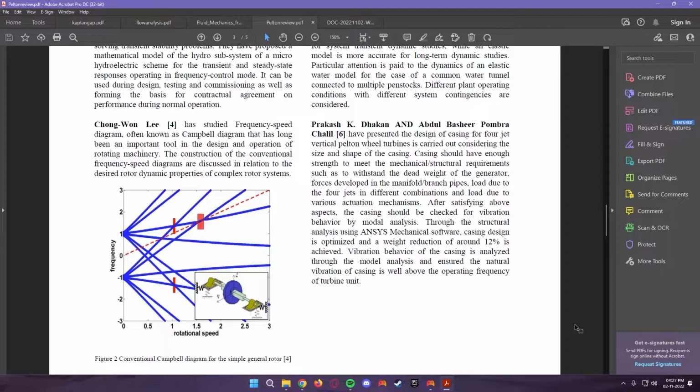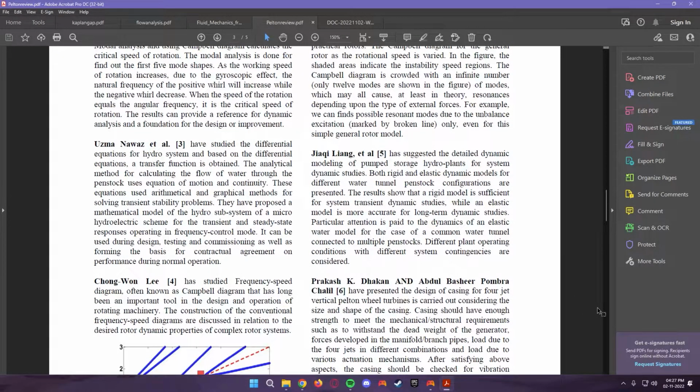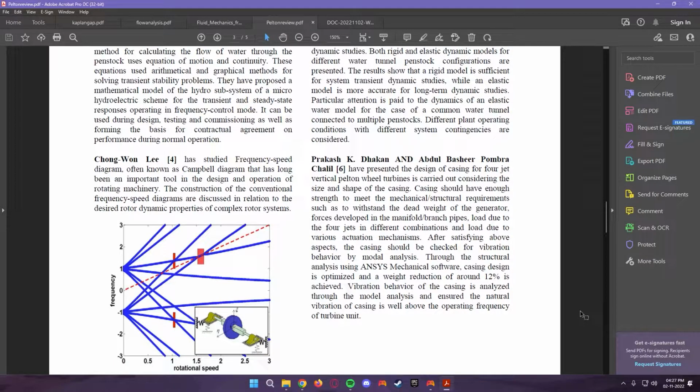The construction of the conventional frequency speed diagram is discussed in relation to the rotor dynamics of a complex rotor system. And Prakash K. Dukkan has designed the casing of a four-jet vertical Pelton wheel turbine, carried out considering the size, shape and casing.